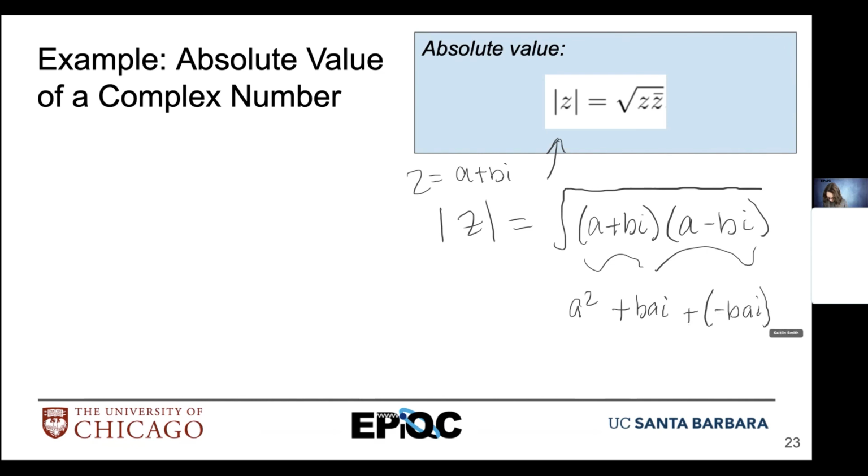And then last, we have bi times bi, so that's going to be b squared i squared. i squared is equal to -1, and -1 times -1 is going to be equal to +1. So we end up having some terms cancel out. These two terms cancel out, and then we end up getting the square root of a squared plus b squared.